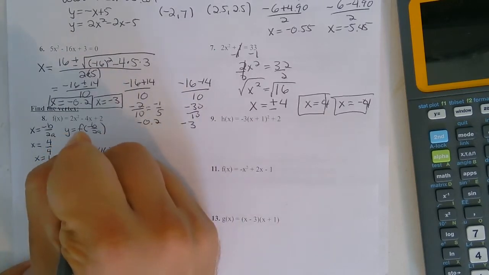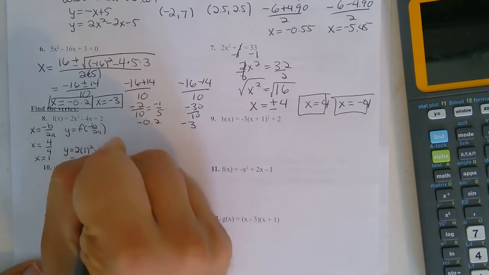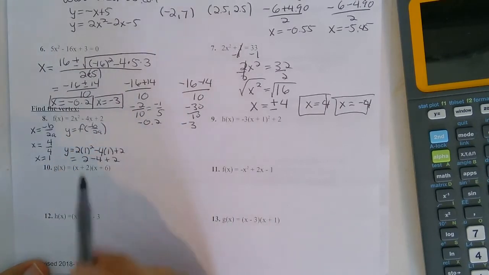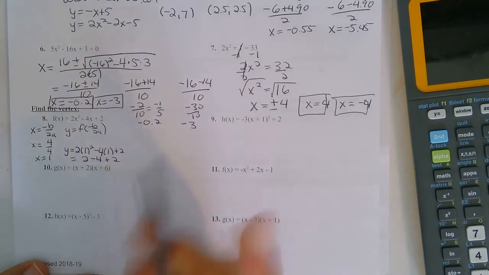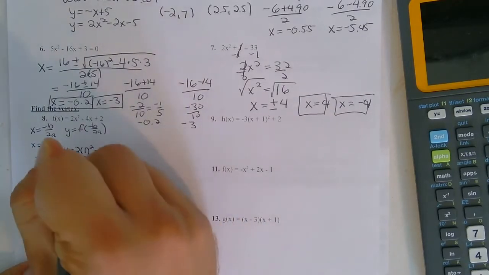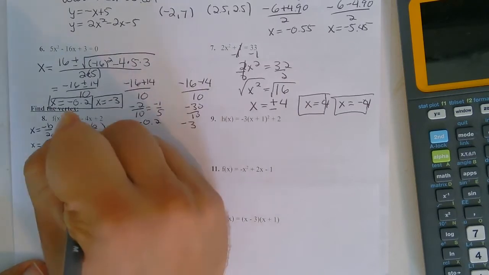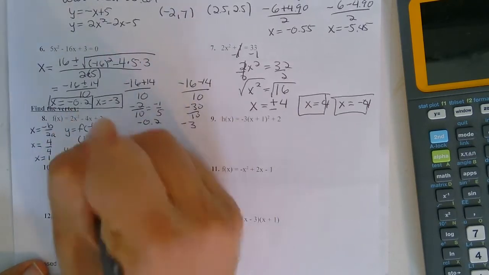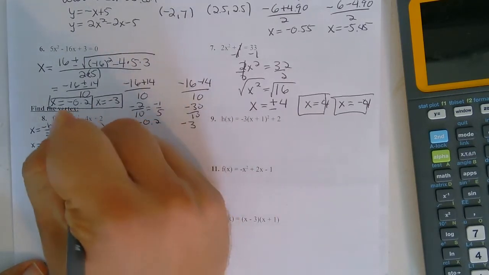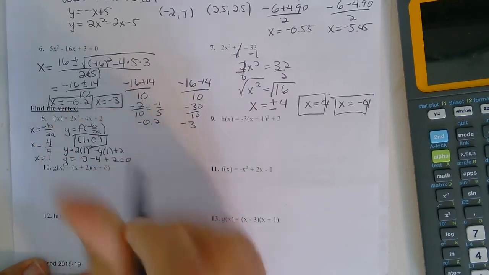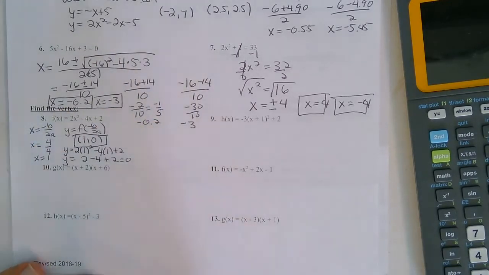So that would give us 2 minus 4 plus 2, which is 2 minus 4 is negative 2, plus 2 is 0. So our vertex would be 1 for x and 0 for y. And you write it as a point. I'm going to box it in right there.